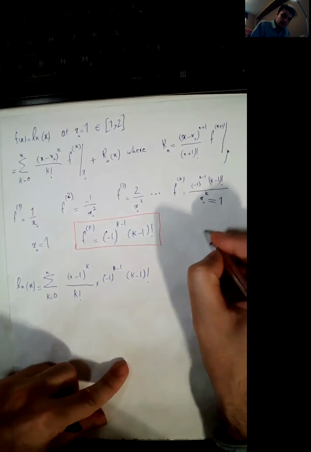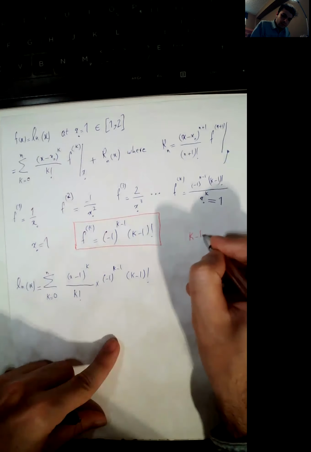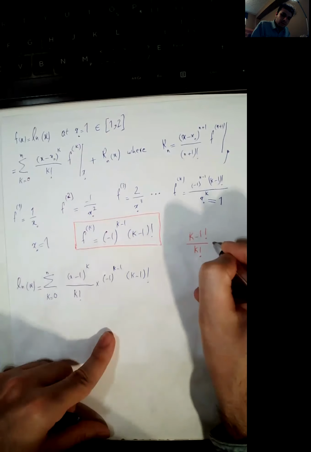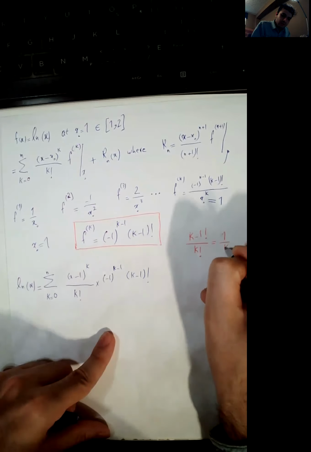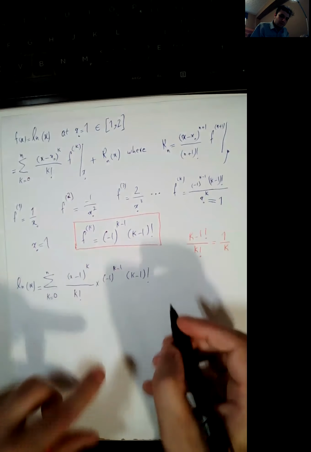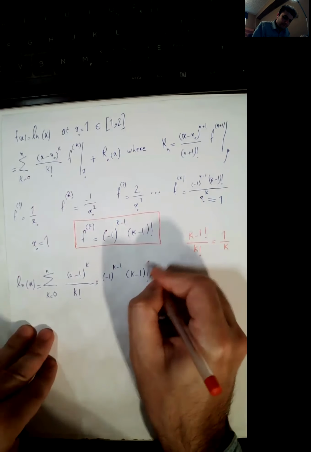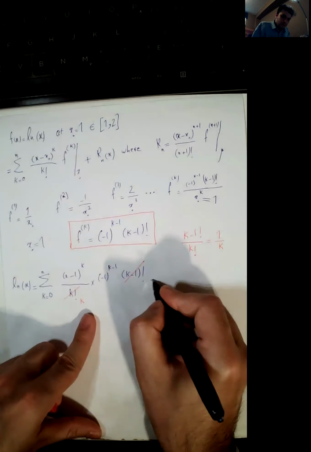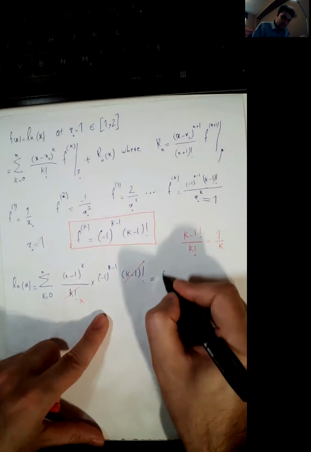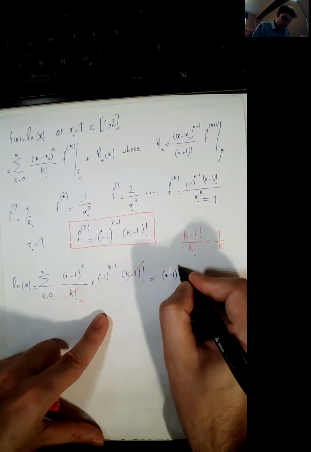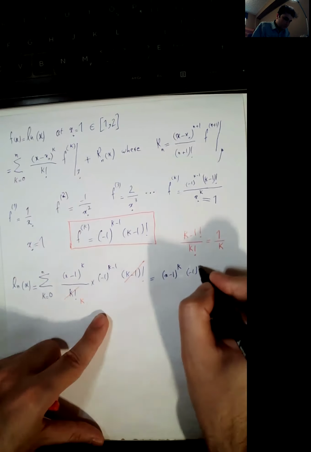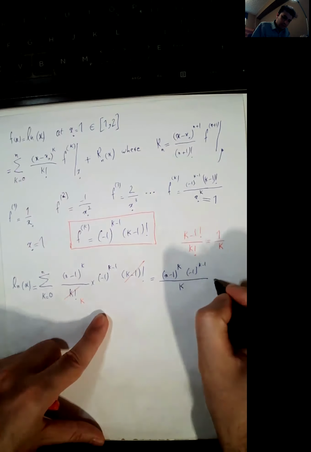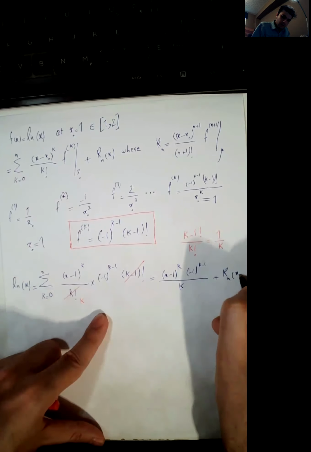We know that (k minus 1) factorial over k factorial is 1 over k. Therefore, it can be simplified as (minus 1)^(k minus 1) over k, plus Rn(x).